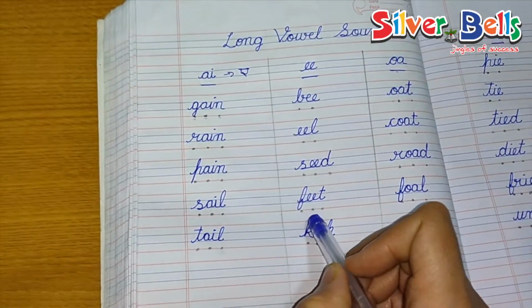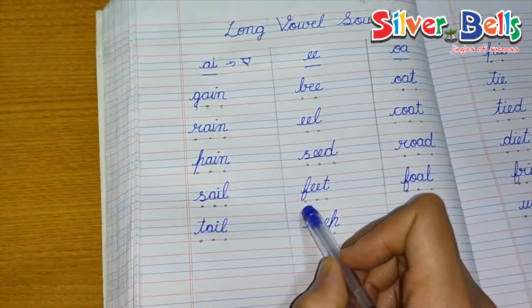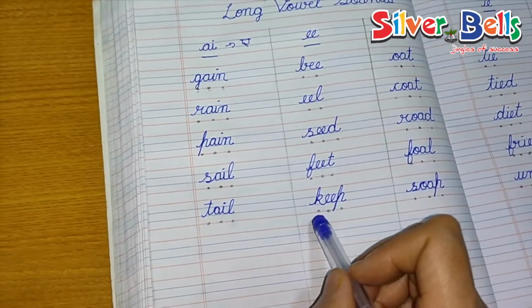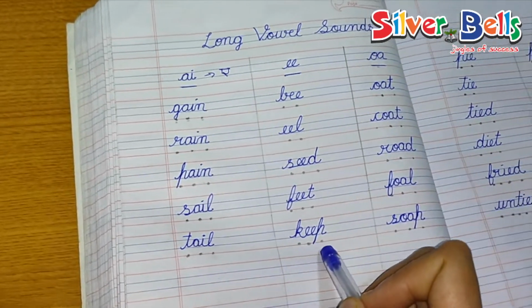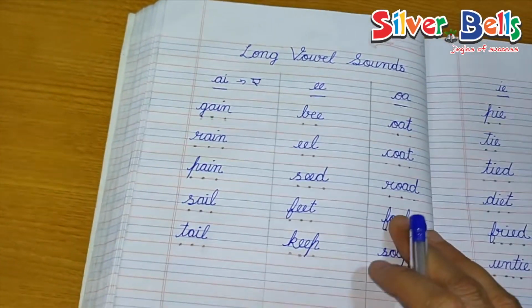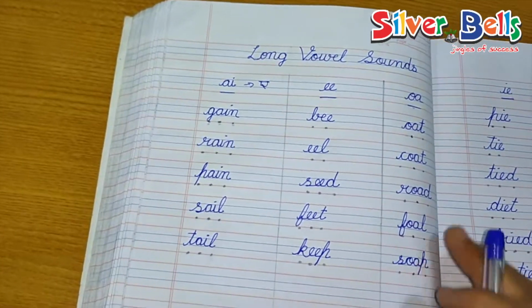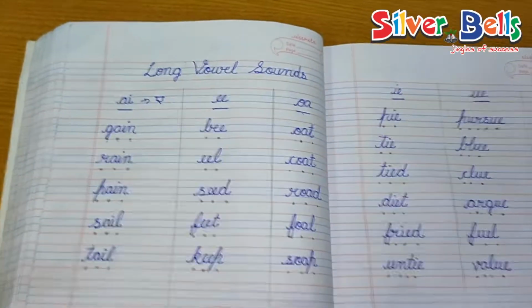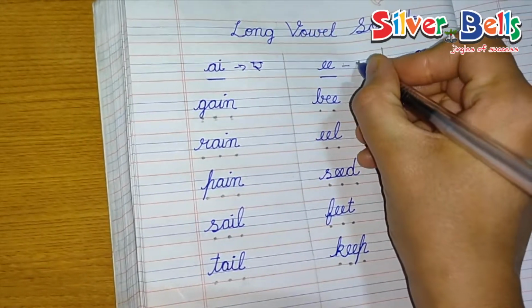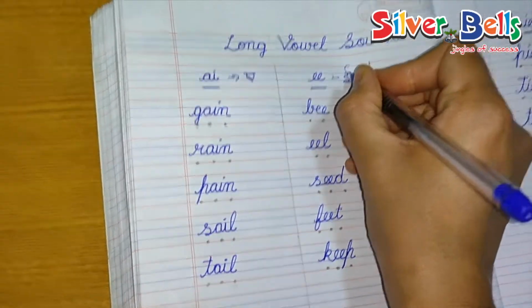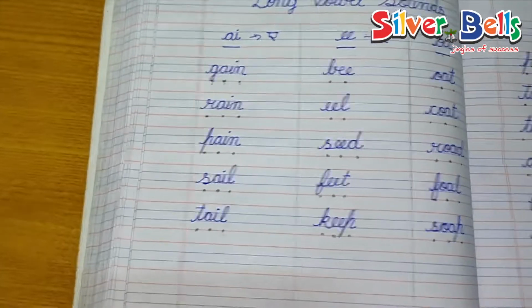F, eat, feet. K, eep, keep. Very good. Isn't it very easy? Yes, I hope you all are enjoying. This double E makes E as in badi E.